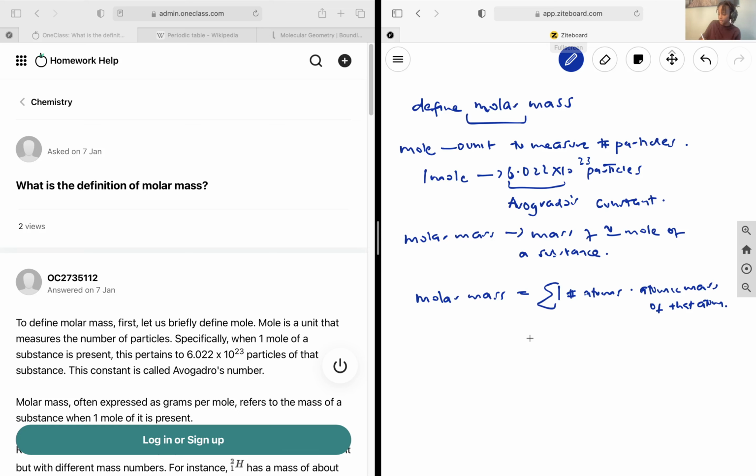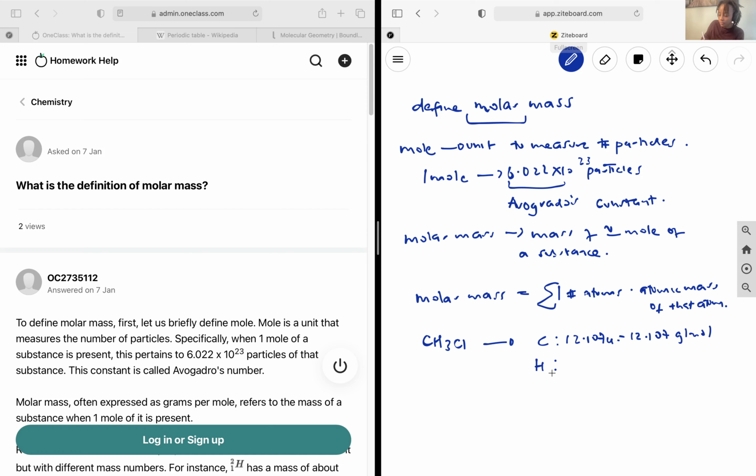Take the example of CH3Cl. First off, you just want to note down the atomic masses. Carbon has an atomic mass of 12.107 U, which is 12.107 grams per mole.